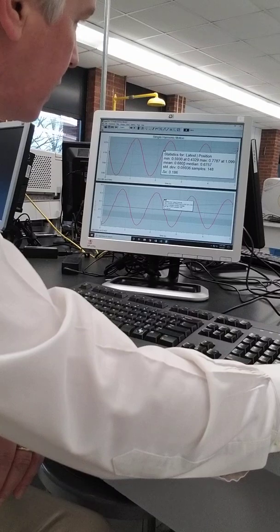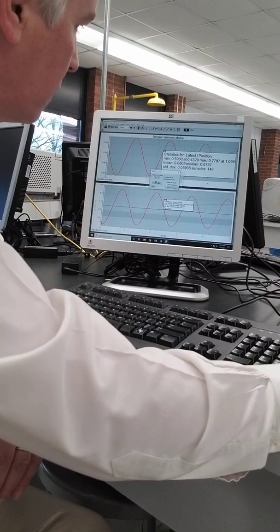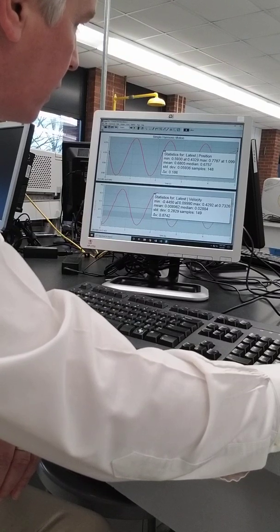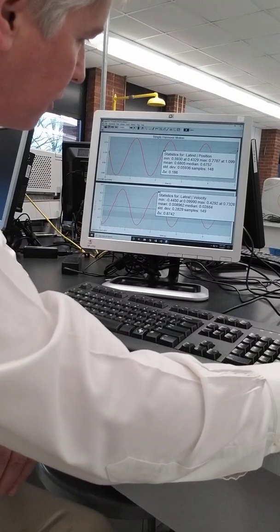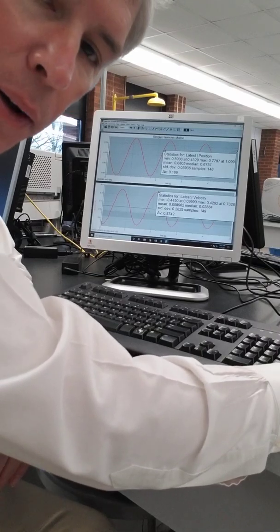So now we can see that data table. We can see the general motion of the graph, but we can also see the data. We're going to be using some of the data in here to calculate some stuff.